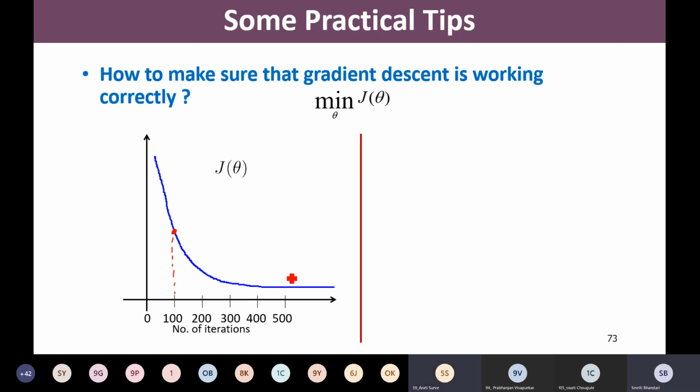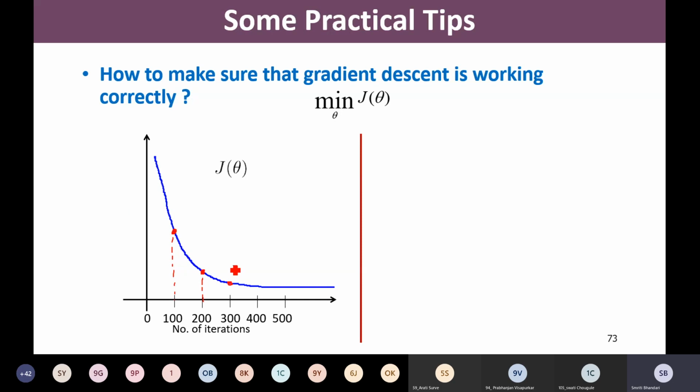Similarly, I continue my iterations, and after 200 iterations we find out the value of my cost function. Similarly, after 300 iterations, and so on.